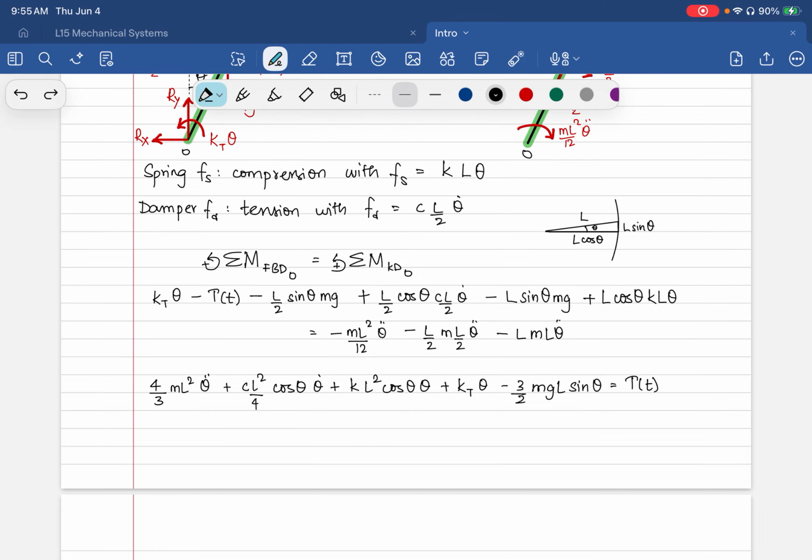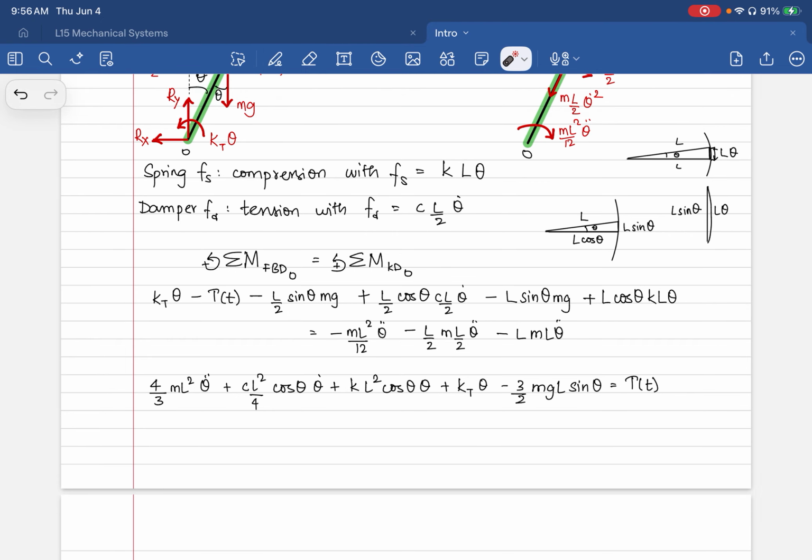So you have a circle with a really small angle subtended theta. This is the radius L. What is the arc length here? This arc length would be L theta, right? And this L theta for really small theta would be very similar to this distance here. So if I were to zoom in, I'd have this as my L sine theta and this as my L theta. I hope that makes sense.